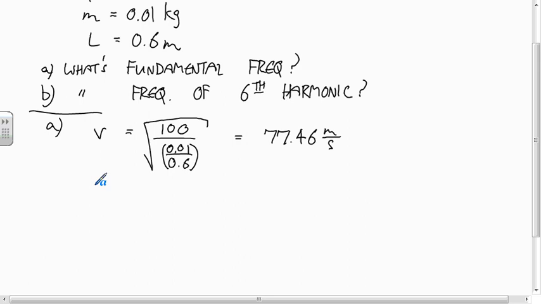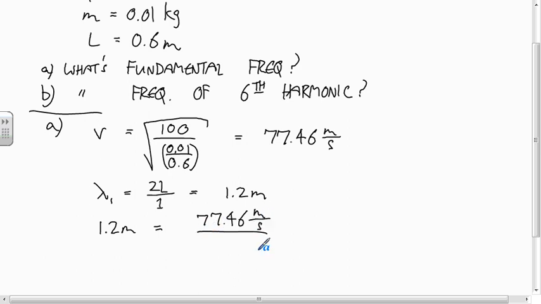For the fundamental frequency, the wavelength is 2L over 1. L is 0.6, so that's 1.2 meters. And so 1.2 meters is equal to 77.46 divided by the frequency, the fundamental frequency.